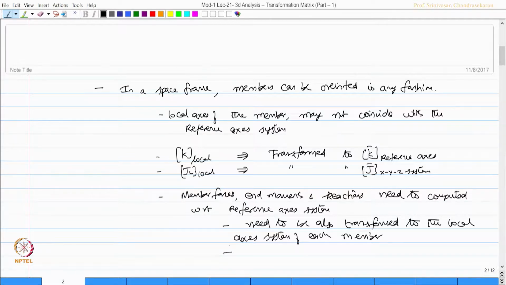The question is why this is required? This is required to design the member.